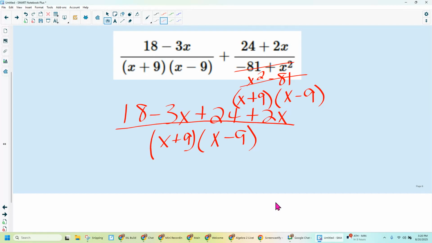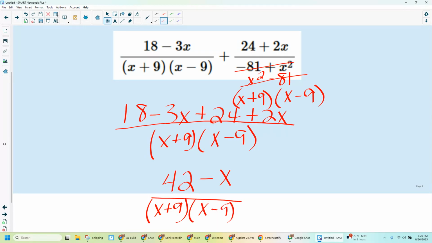That adds up to, well, I'll say 44. No, 42, sorry, 42. And then negative 3x plus 2x, which is minus 1x. And that's all over my x plus 9 and my x minus 9. And that is fully simplified, and I added the rational expressions.